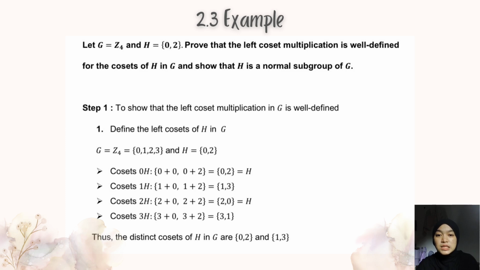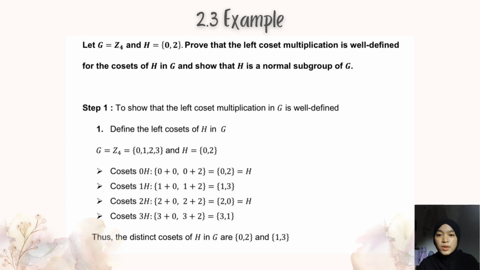A coset of H is defined as aH equal to a plus H mod 4, where a in G. Next, we compute the first coset, which is coset 0H, where 0 plus 0 mod 4 is equal to 0 and 0 plus 2 mod 4 is equal to 2, and this solution is equal to H which is {0, 2}. Okay, the next coset is 1H.